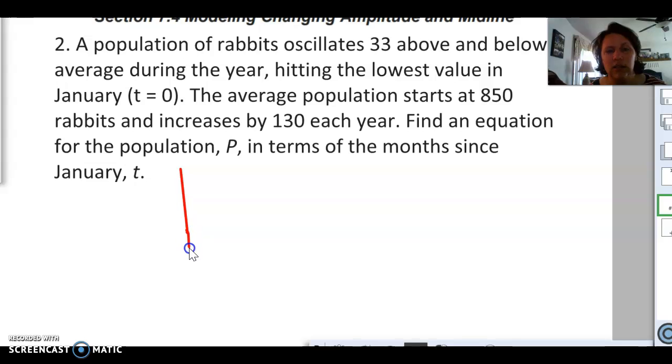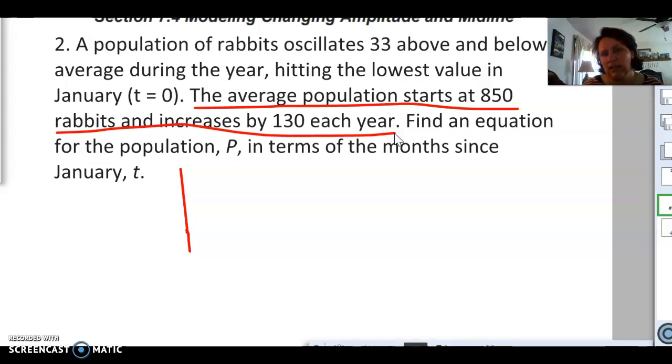However, the next sentence says the average population starts at 850 rabbits and increases by 130 each year. So this is maybe a little bit more of a real scenario where the rabbit population is increasing over time, even though it still has that same oscillation of 33 above and below average during the year.